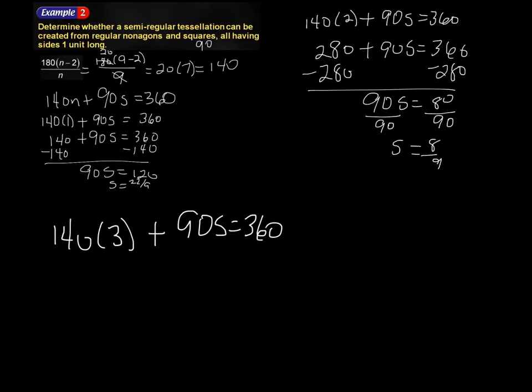If we try 3 nonagons, 140 times 3 is 420. That's not going to work. That's too big. So the question asked us to determine whether a semi-regular tessellation can be created from regular nonagons and squares all having sides 1 unit long. The answer is no, it won't work.